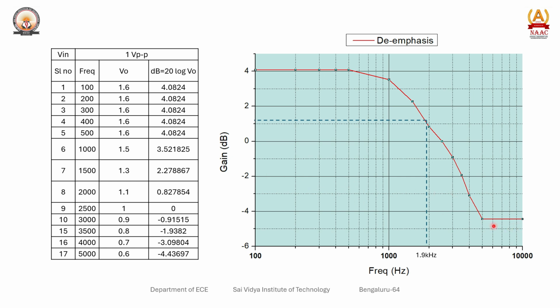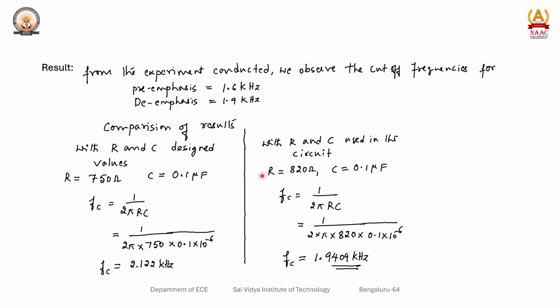All the high frequencies are attenuated and all low frequencies regain their amplitude levels. So from the experiment conducted, we can write the result. We observed the cutoff frequencies after plotting the frequency response as 1.6 kilohertz for pre-emphasis and 1.9 kilohertz for de-emphasis.